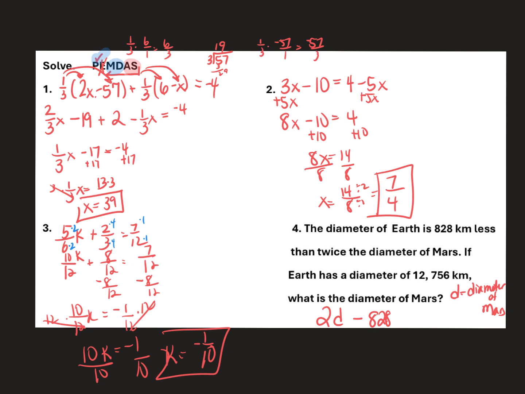And Earth has a diameter of 12,756 kilometers. So the first thing I'm going to do is add 828 to both sides. That gives 13,584. Oops, I don't need that comma there.